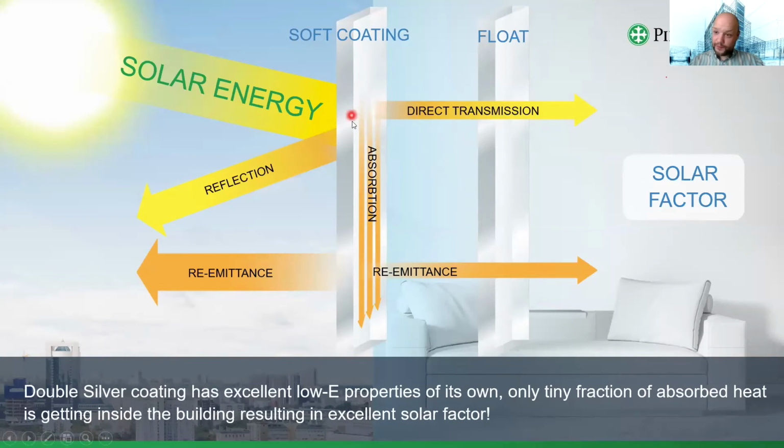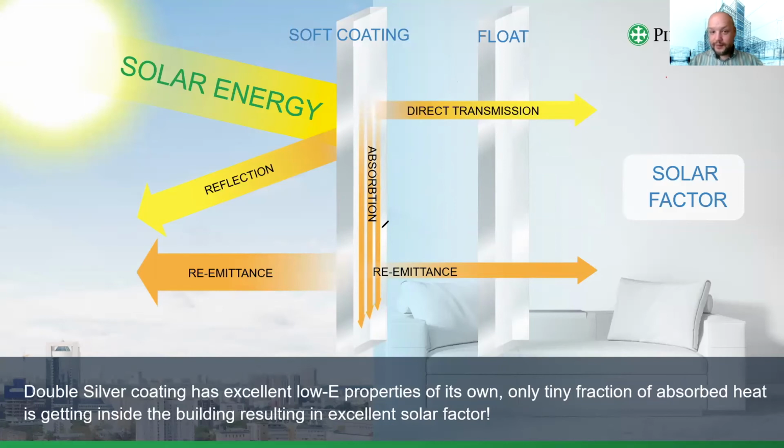But what about the absorbed heat? Again, on the soft coating with low E performance, this side is low E. What does it mean? That the heat which is absorbed is almost not emitted inside the building at all. And the combination of lowering the direct heat transmission and the low E properties of the coating, those two things give us a very good solar factor, meaning a very low one.